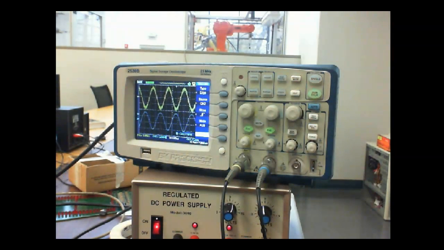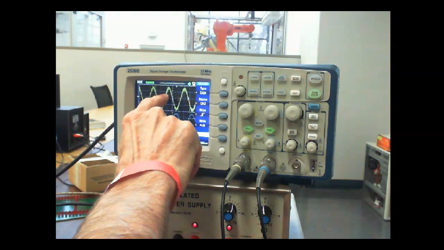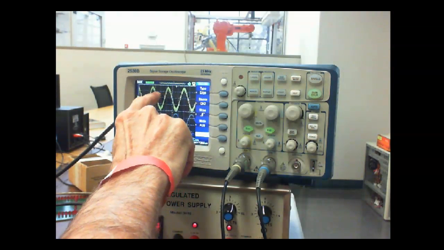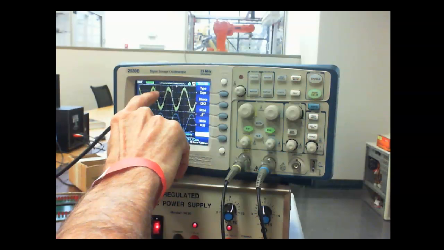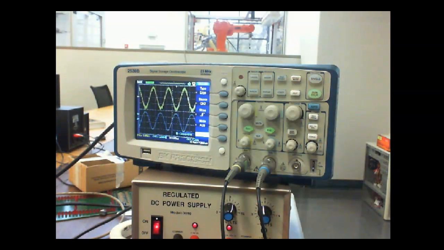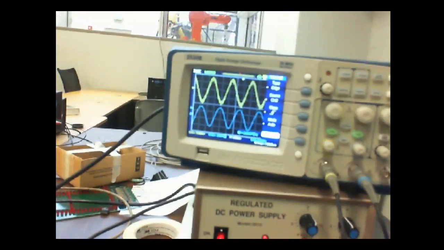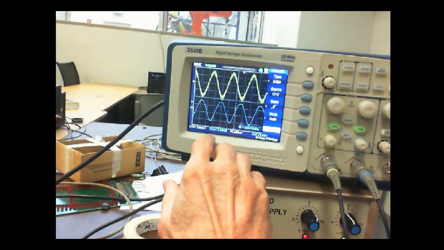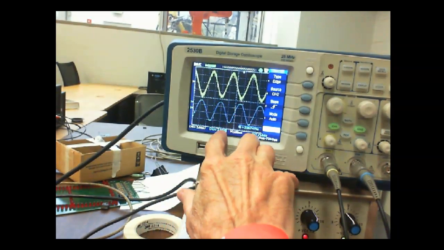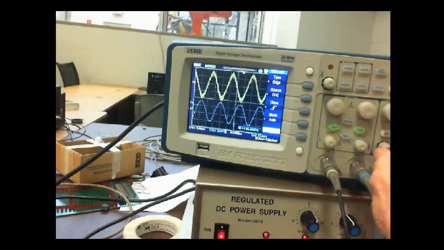So now my input is on 5 millivolts per division: 5, 10, 15, 20, 21, 22, 23, 24 millivolts in.